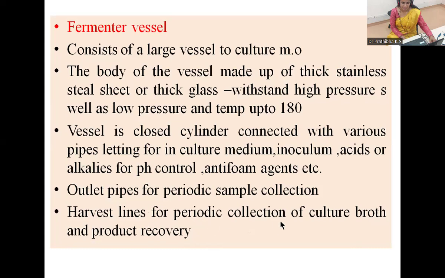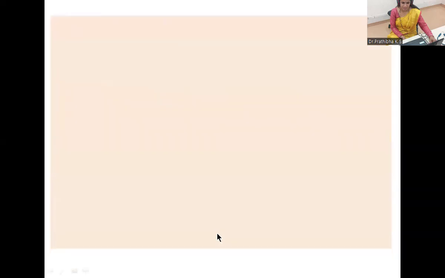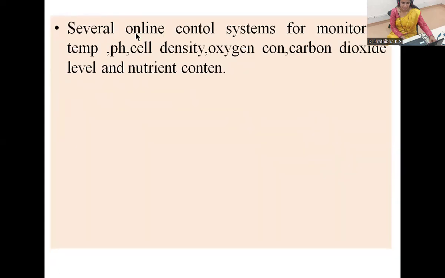Harvest lines for the periodic collection of culture broth and product recovery will be done through the harvest lines. And there are several online control systems for monitoring temperature, pH, cell density, oxygen concentration, carbon dioxide level indicators, and a nutrient content indicator.